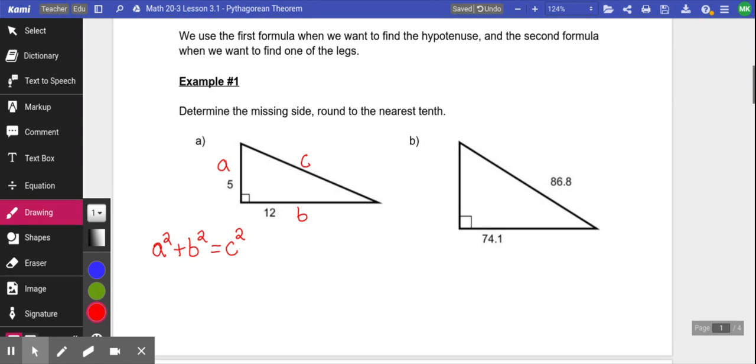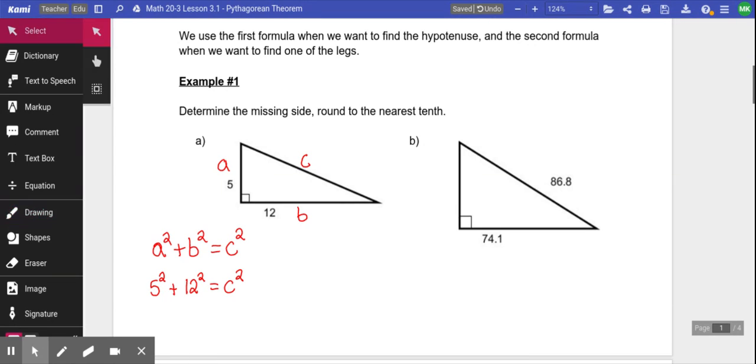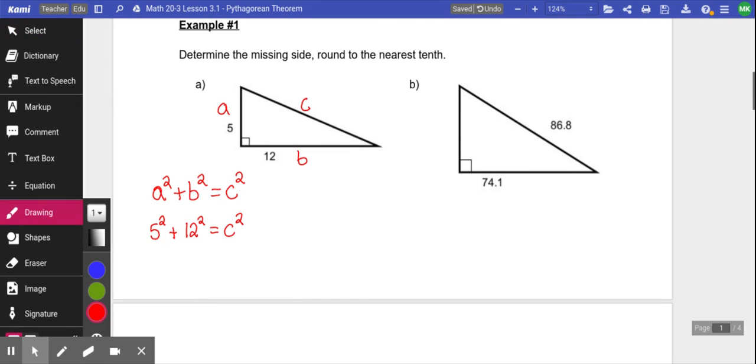So plug your numbers in. So this becomes 5 squared. 5 squared is 25. 5 times 5 is 25.